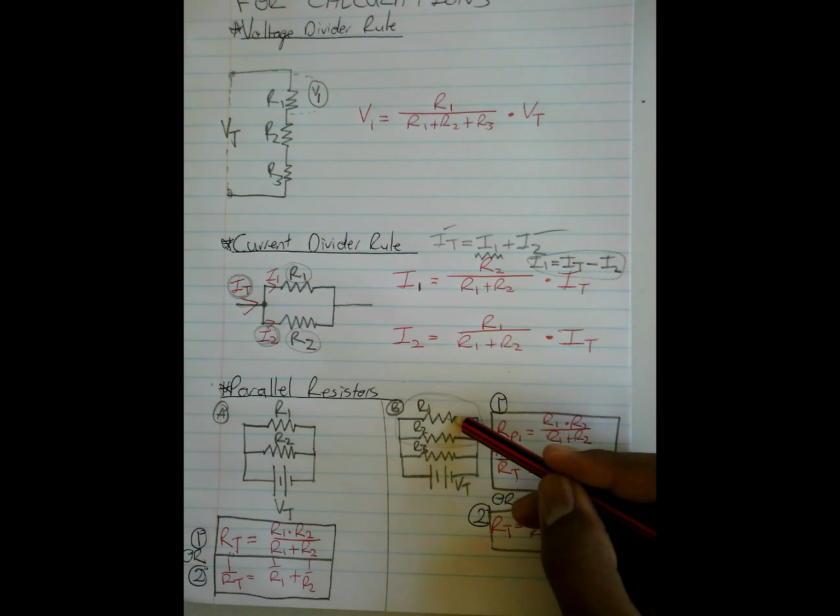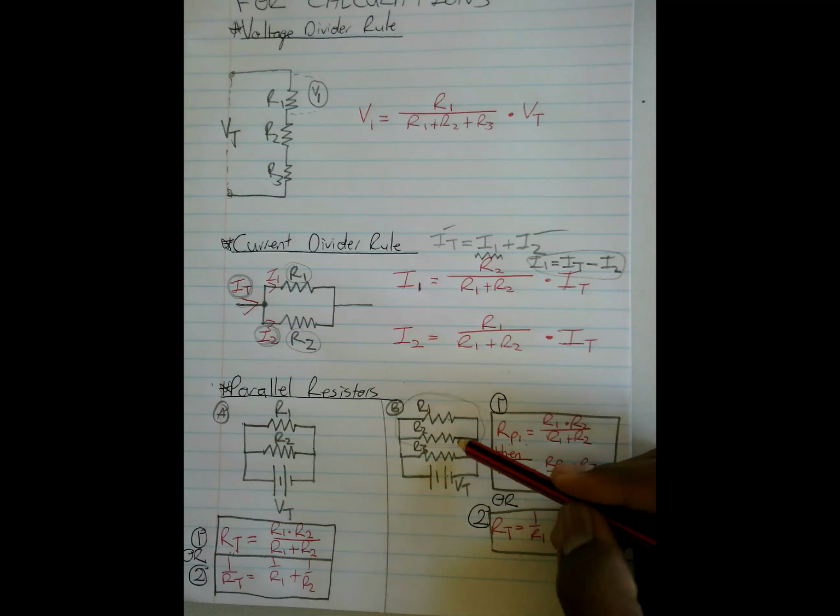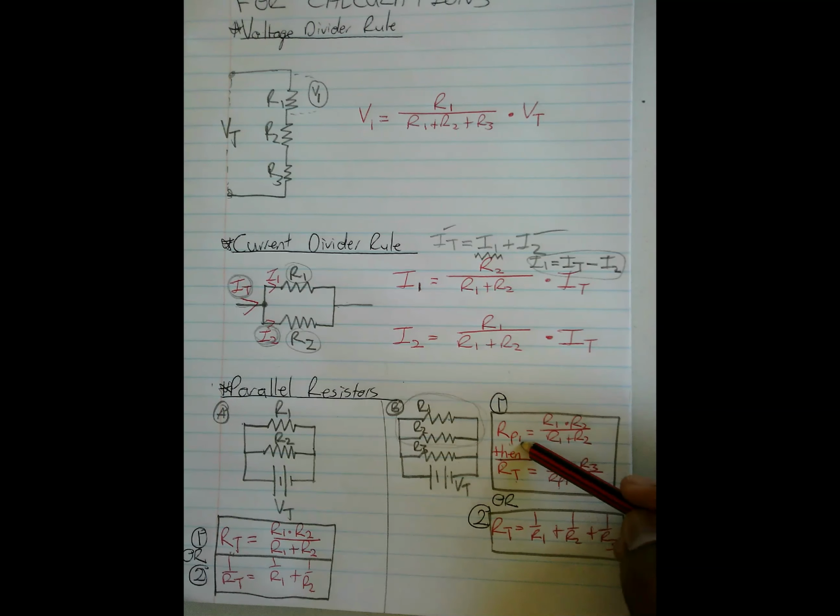You can start with R1 and R3 first for this RP1, or you can do R2 and R3 and still name it RP1, and you'll get the same answer. But you have to include it in your second calculation, and you also have to include the one you didn't add in your first calculation. This is one way of doing parallel circuit calculations.